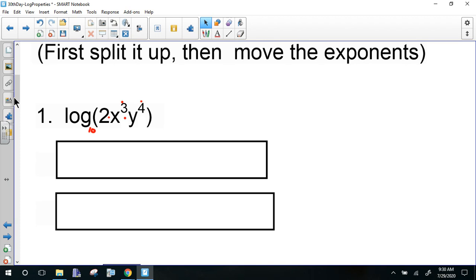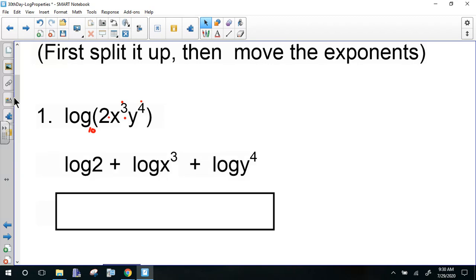So let's undo the multiplication. When we do that, the 2 can go by itself with the log, the x to the third, and the y to the fourth. So the second step would be log 2 plus log x to the third plus log y to the fourth.